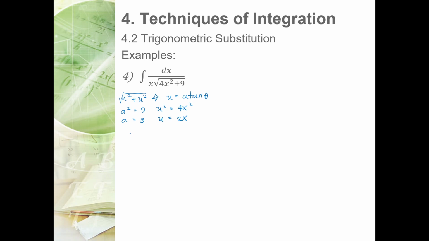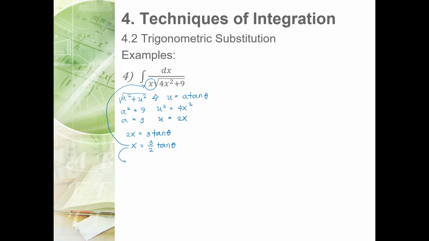Using the formula, we're going to have 2x is equal to 3 tangent theta. Since we're going to replace x in the equation above, we need to isolate x on the left side. So x is equal to 3 halves tangent theta. We can now replace the x value.